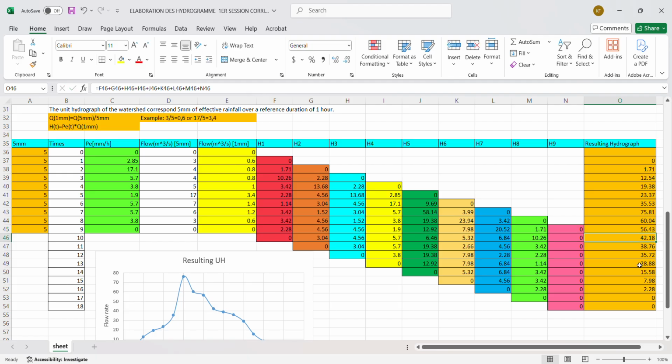You do the same up to here. Up to here we decrease. Let's take this value. Up to here we have this H3, H6, because H5 we have nothing. H4 nothing. We have only this value plus this value plus this value.